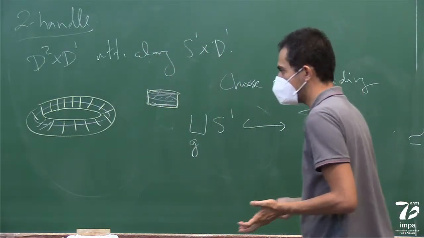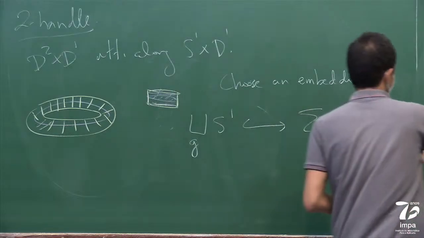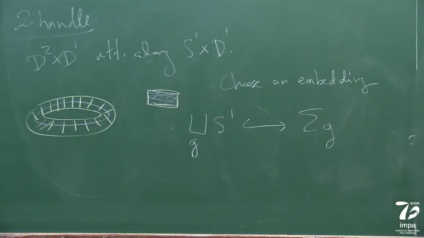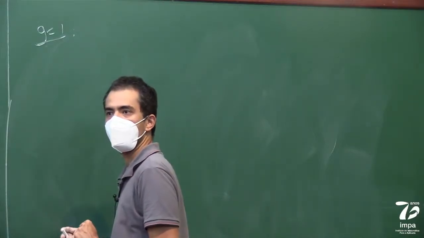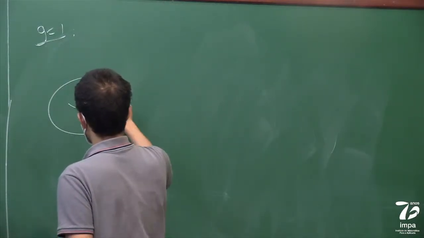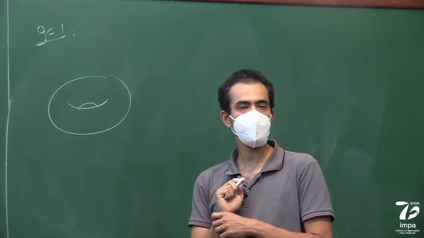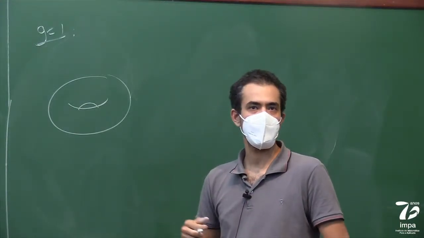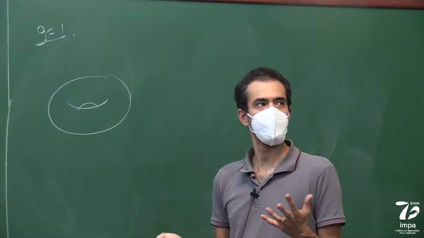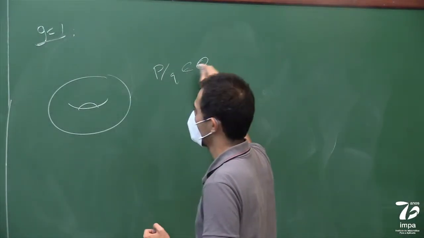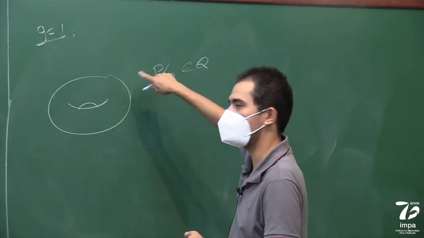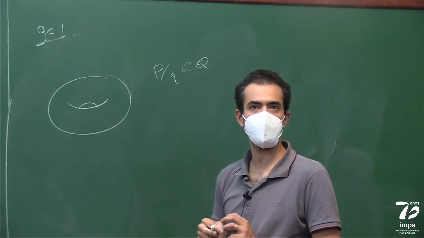So, for example, let's start with the easiest case: if my G is equal to 1, that means I just have one handle. So basically my handle body is a solid torus. Now I have to choose a circle on the solid torus, and there are lots of circles. For every P over Q rational, you can find a circle that rotates P times in one direction and Q times in the other direction.